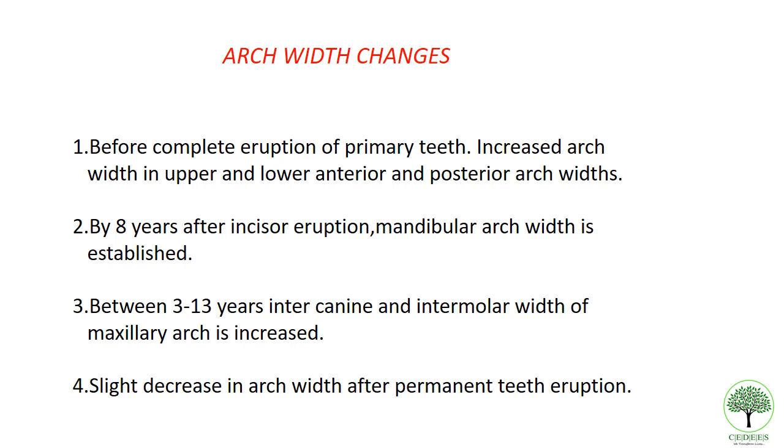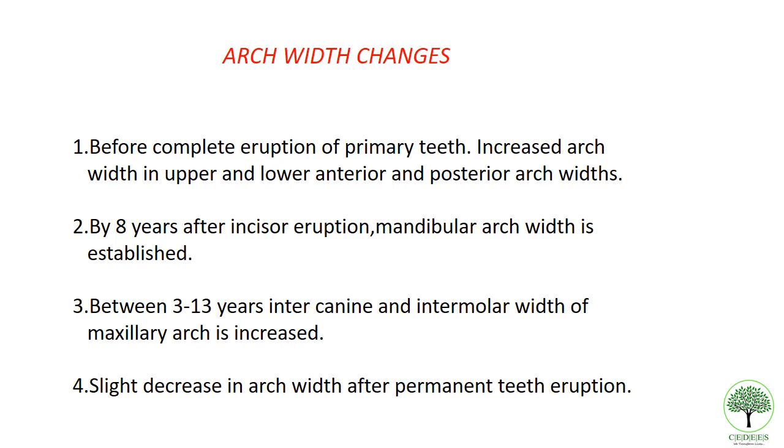Now your maxillary arch width, the intercanine as well as the intermolar width of the maxillary arch, increases between 3 and 13 years. So there is a slight delay in the maxillary arch width. There is also a delay up to almost 18 years when the last pubertal growth spurt occurs, and that delay is what acts as the safety valve when the mandible grows because of the pubertal spurt and the occlusion is disturbed.